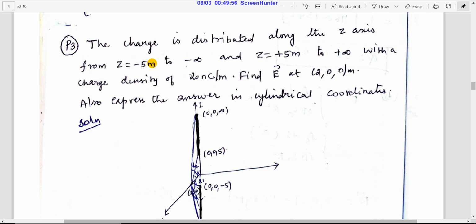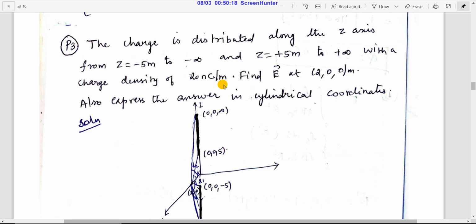So what you have to do is, the problem given is from minus 5 to minus infinity and plus 5 to plus infinity. The charge density given is 20 nanocoulomb per meter. So you can notice this charge distribution is given in coulomb per meter.